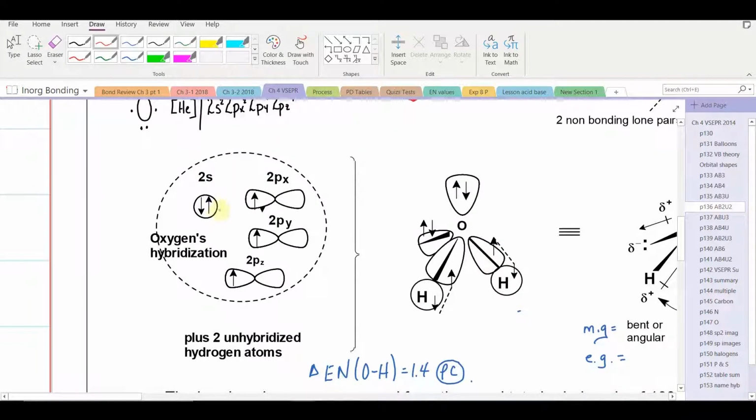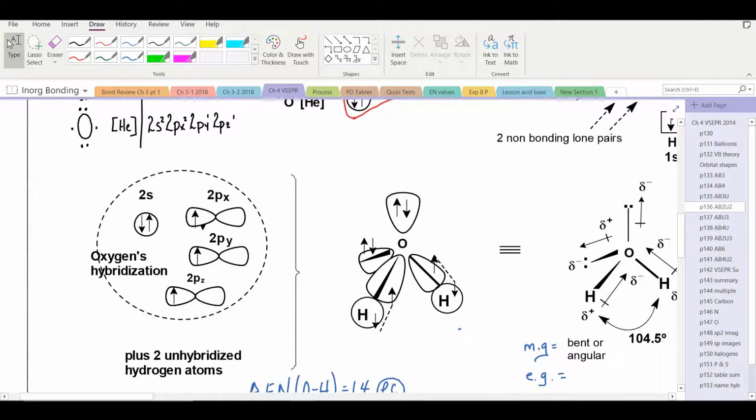Here it is in pictures. A spherical 2s orbital combines with 3 2p orbitals to give us 4 sp3 hybridized orbitals arranged tetrahedrally, more or less. 2 of these orbitals are filled, they're non-bonding pairs. 2 of them are half-filled, overlapping with hydrogen.